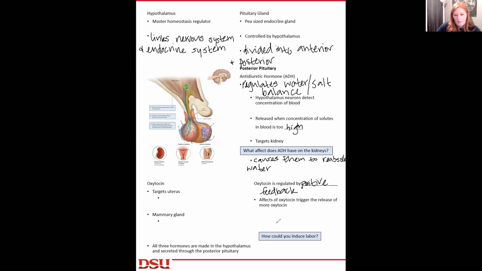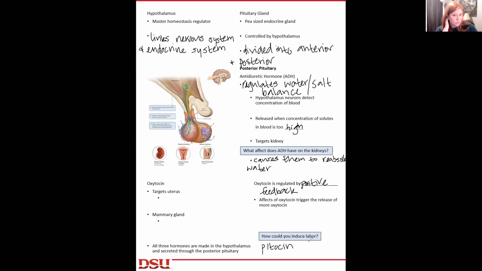How could you induce labor? There is a synthetic oxytocin called Pitocin, and it simulates the natural effects of oxytocin.